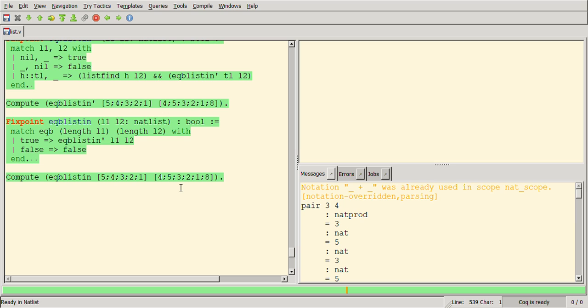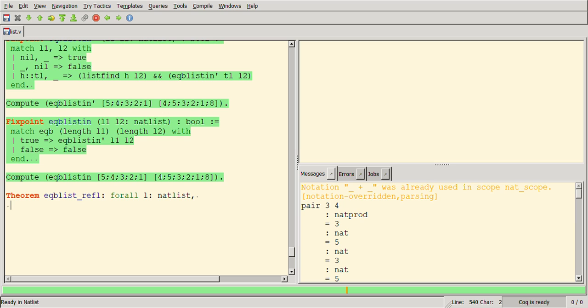So using the Boolean equality on list, we define a theorem that the Boolean equality on list is reflexive. So this is a theorem for all lists of type nat list.